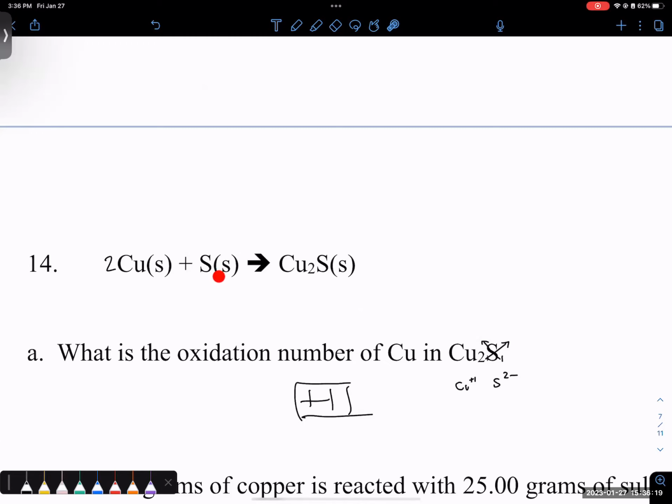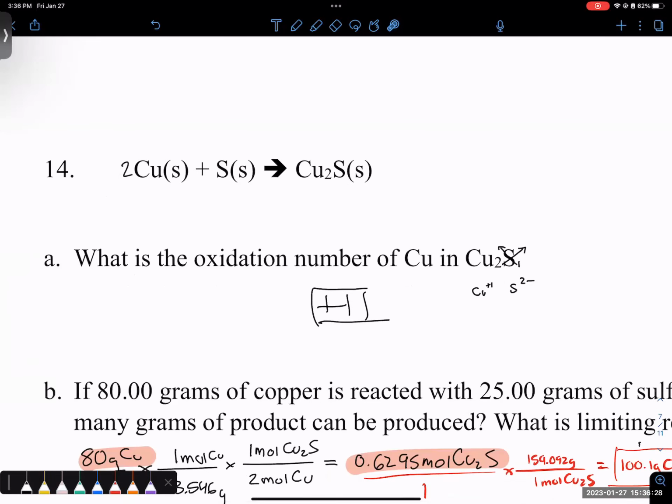Molar ratio, right? And where do we get that from? The balanced chemical equation, right? So what's the ratio between these two here? It's 1 to 1, because they don't have any coefficients in front of them, which means there's a 1 implied there, right?